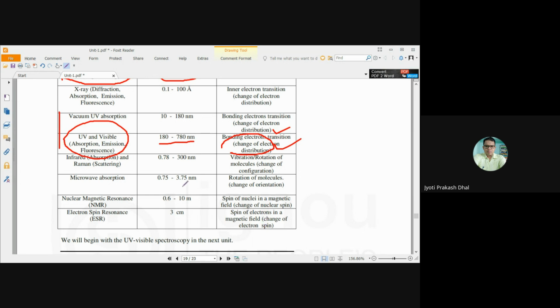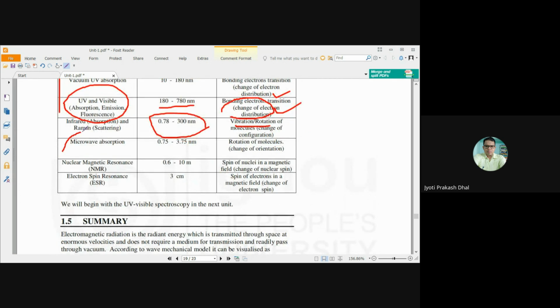Now coming to infrared and Raman spectra. The infrared is due to absorption and the Raman is due to scattering. The wavelength range is from 0.78 to 300 micrometer, and here the molecule will undergo vibration or rotation, and due to that electromagnetic radiation will be absorbed or scattered.